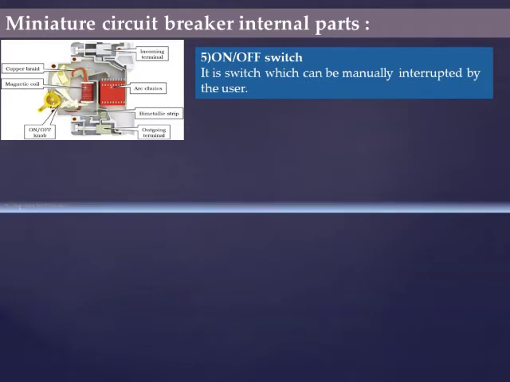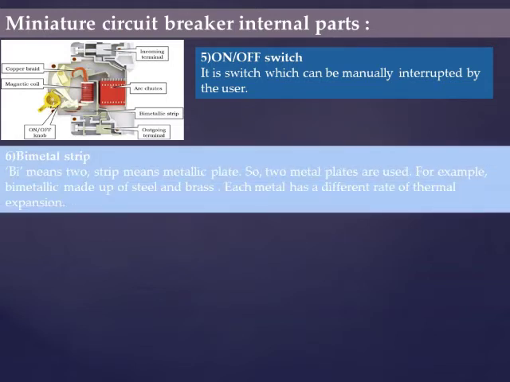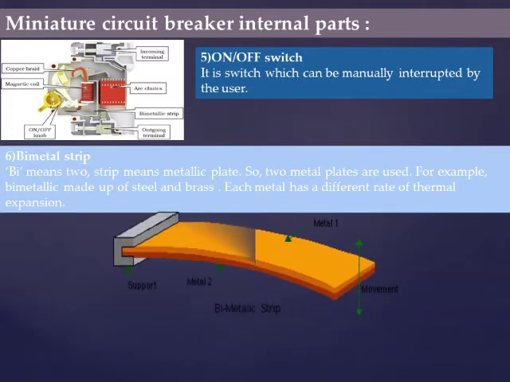Next part is the bimetal strip. Bi means two, strip means metallic plate. So two metal plates are used. For example, a bimetallic strip made up of steel and brass as shown in the figure.